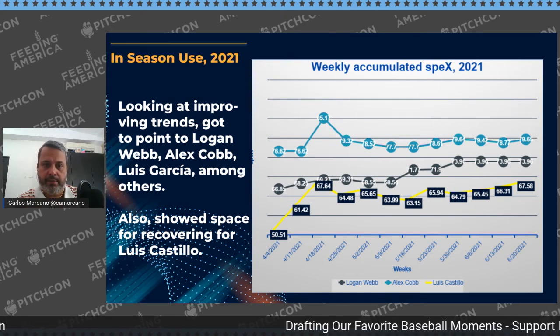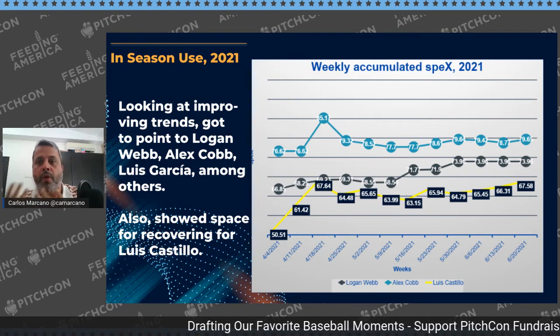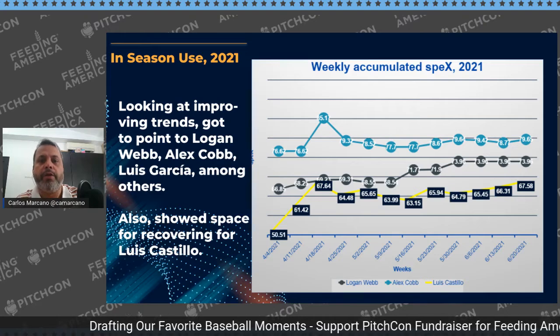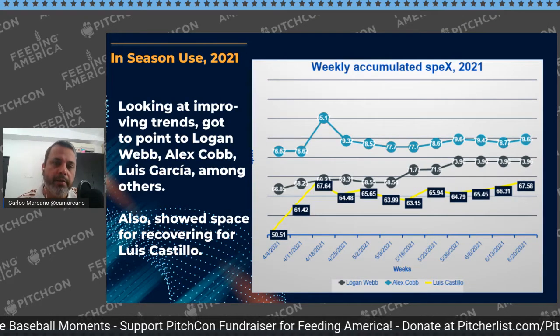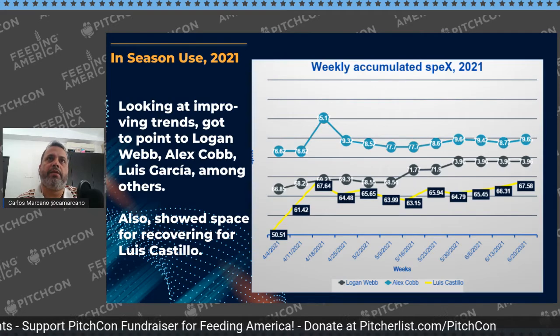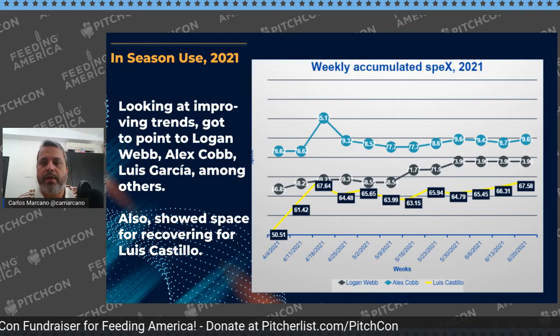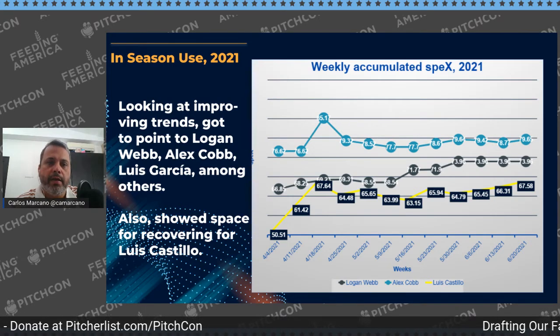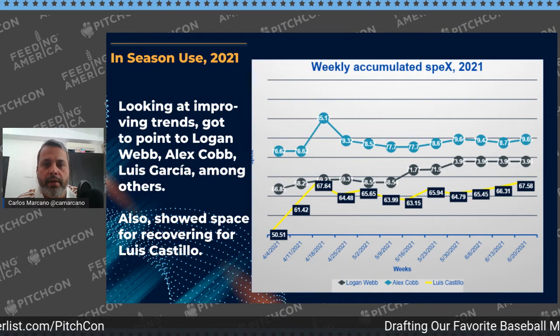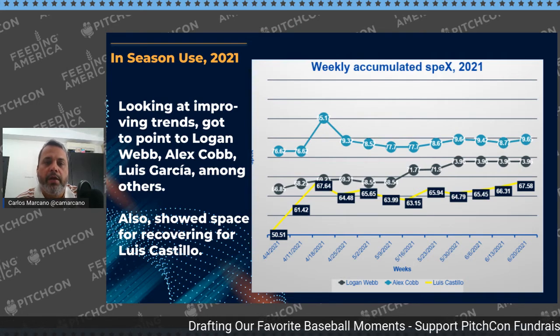That meant there was room to grow. They were improving, maybe a little slower than they should have, but they were improving, and that's something we can use in our favor. So looking at Logan Webb, for example, he was doing so well.